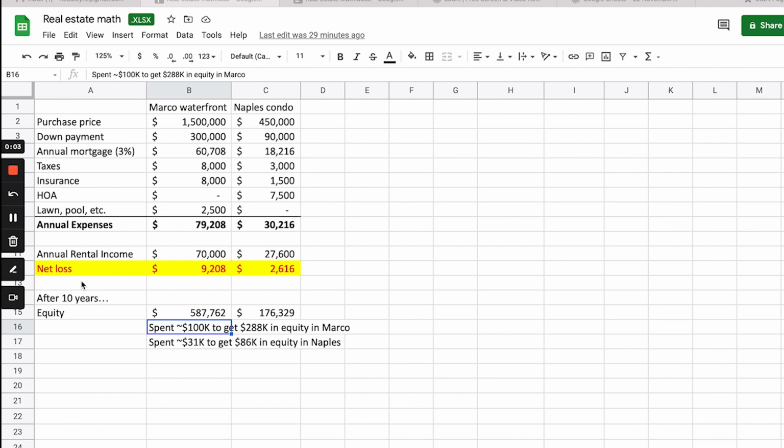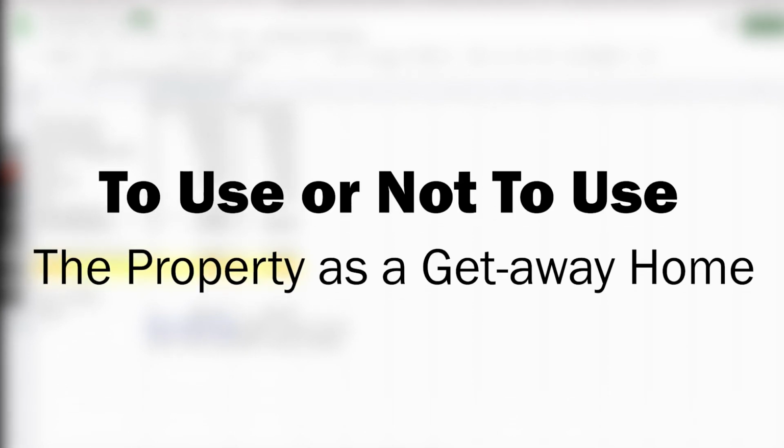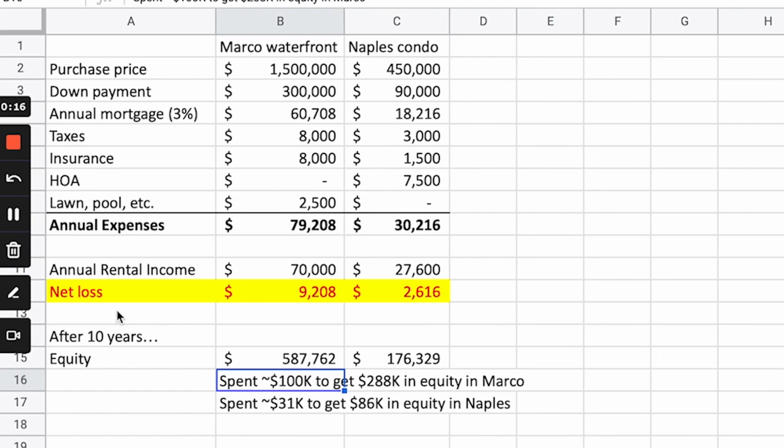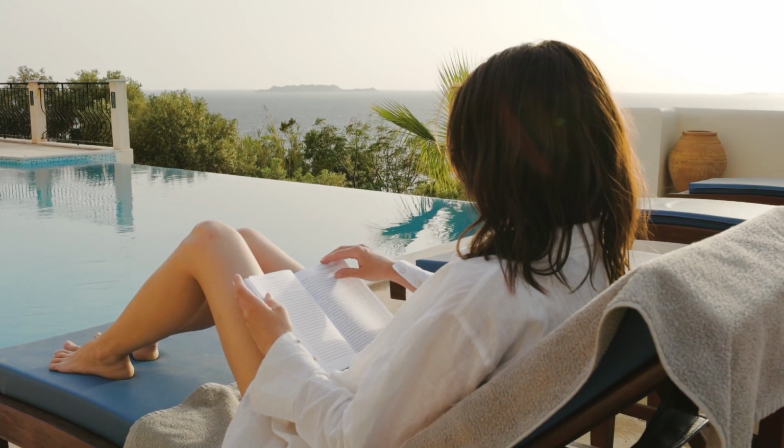That brings us to category number 2, and that's the aforementioned decision about whether or not to use your getaway home, your rental or investment property, as a getaway home. As you can see from our examples from category 1, if you're going to use your home in the high season, late winter, early spring, and it's this Marco sample home here, you might be looking at losing $10,000, $11,000, $12,000 or more for that month in terms of the rental income that you're going to forego by using it yourself.